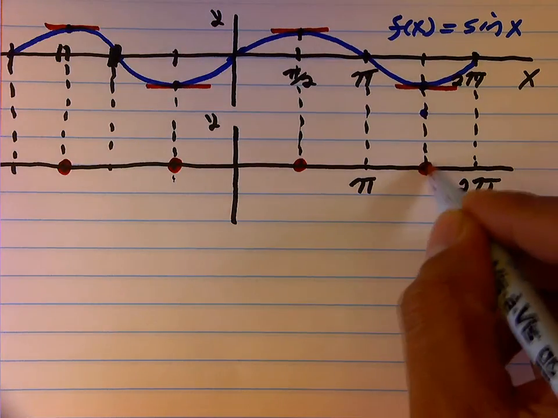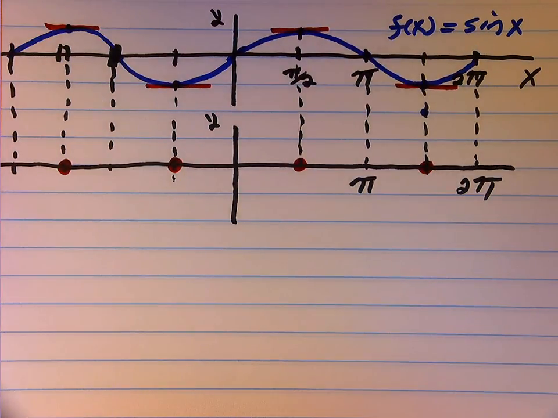And at 3 pi over 2, the derivative also will be 0. So we know at least those four exact values from negative 2 pi to positive 2 pi of the derivative of sine.